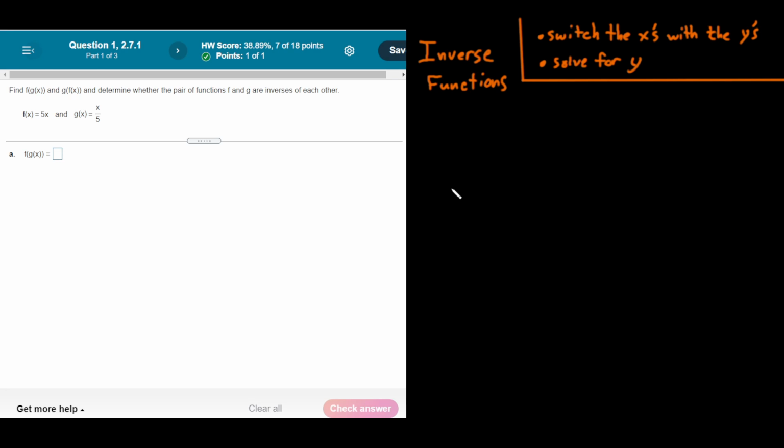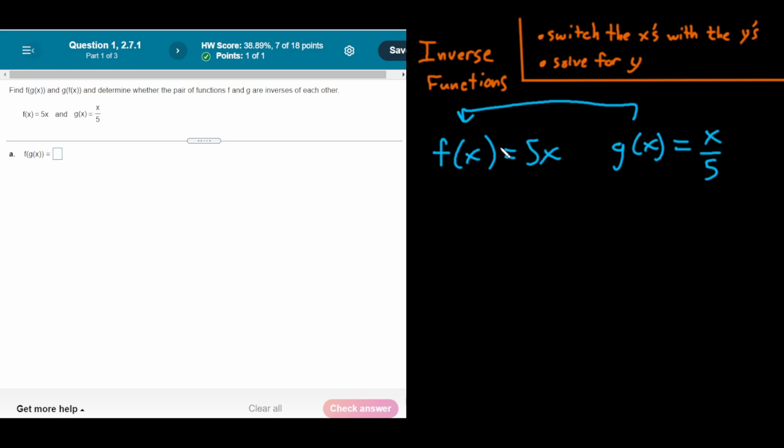So let's go ahead and do it. So we have f of x, and let's use a different color. We have f of x is equal to 5x, and then we have g of x is equal to x divided by 5. So let's go ahead and plug one function into the other. How about we plug the g into the f?